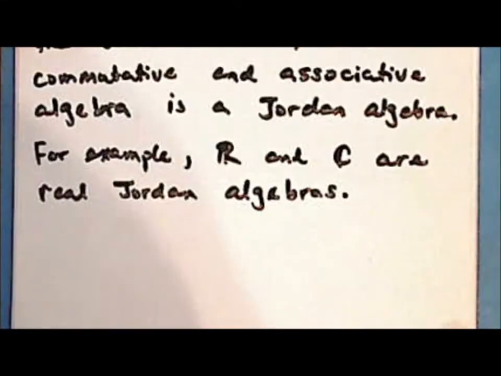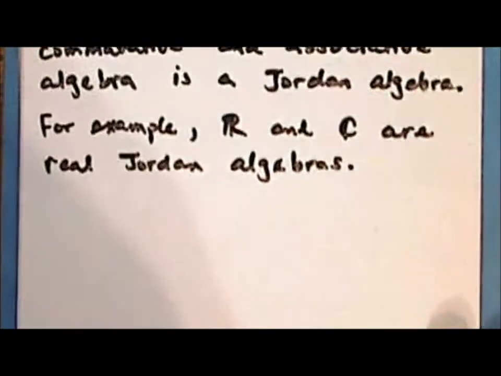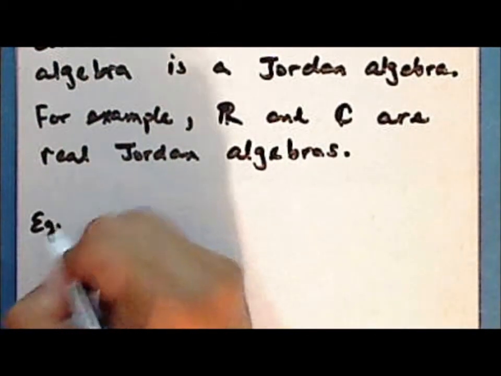And any associative algebra can be made into a Jordan algebra, as we will show in the next example.